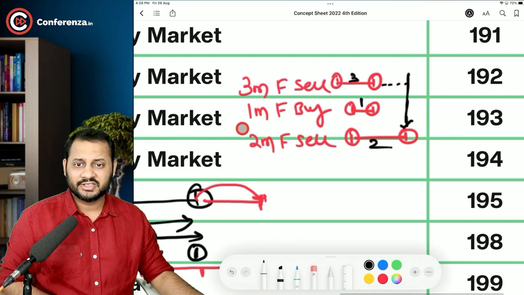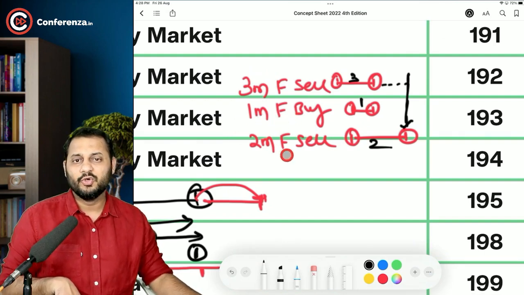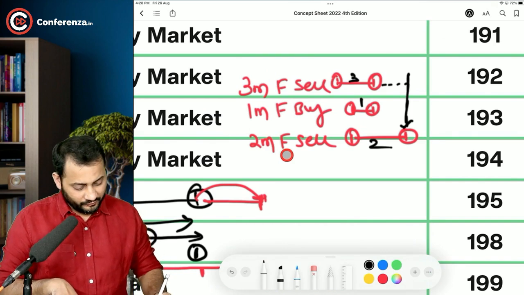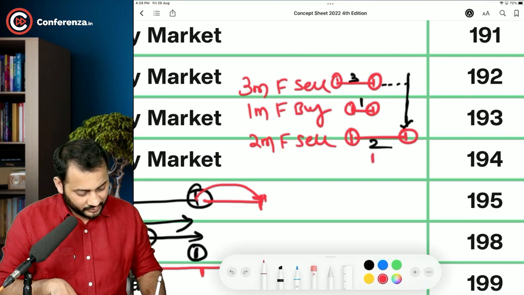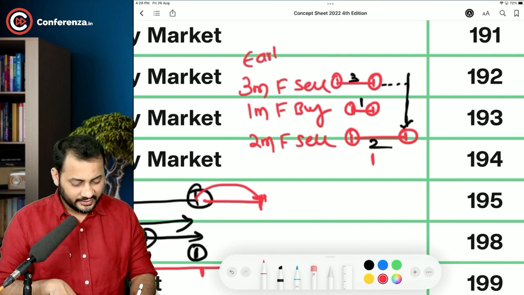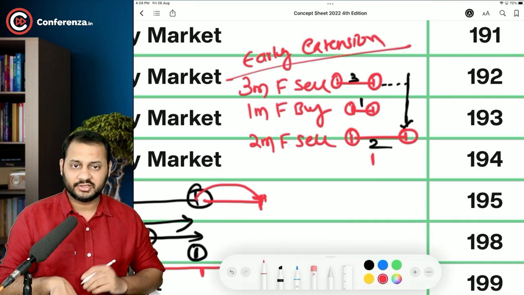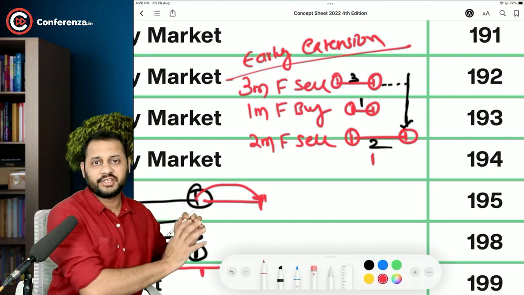So the transactions are same to cancel it. The only thing that will add is the new forward rate. Okay, if you are coming on the due date now, in this case, if you are coming on the due date to cancel, let's say this is the early extension, right? This is the early extension. You are coming early, before due date, for extension.